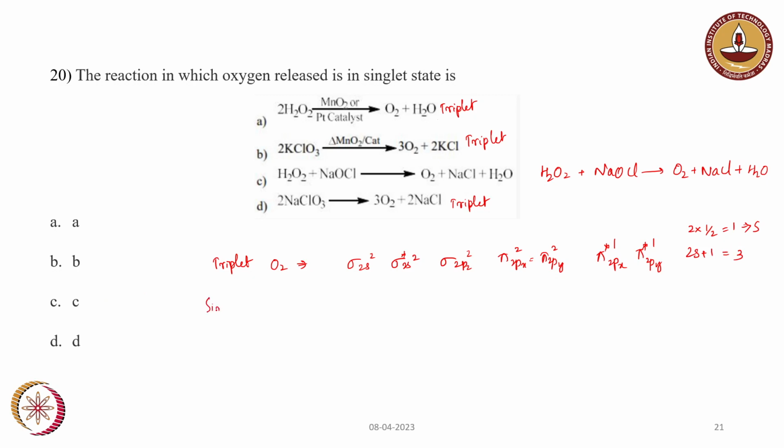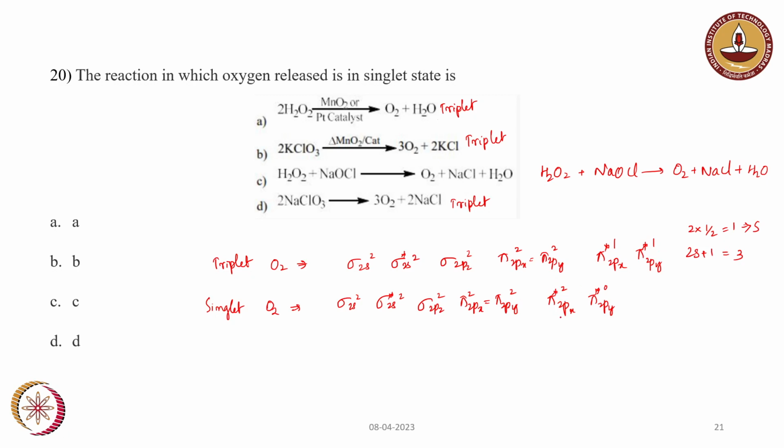In singlet, so in triplet, 1 electron is in each pi star antibonding orbital. But in singlet, what happens is that the electron in 2py is added to 2px.